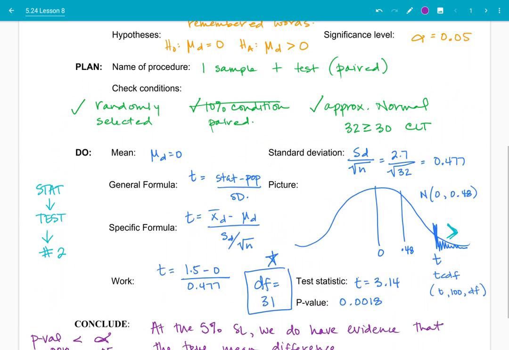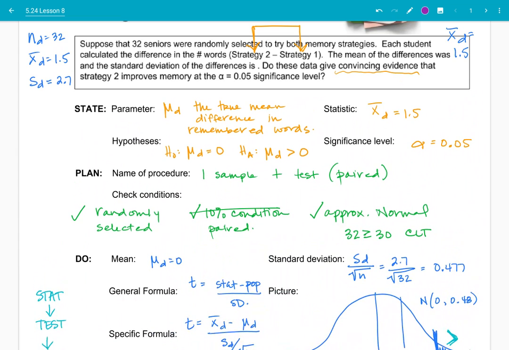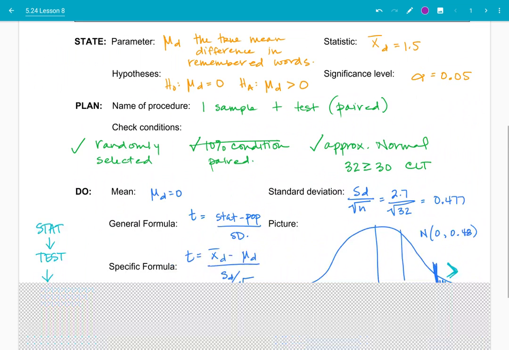and then let's go back and look at our wording up here. Let's see if they gave us some nice wording. Evidence that strategy 2 improves memory.